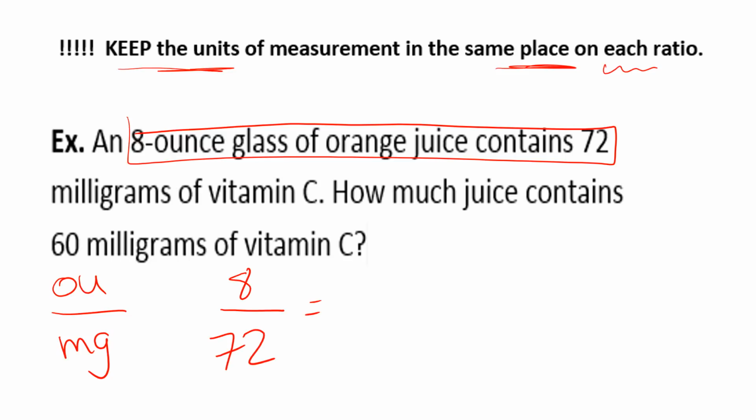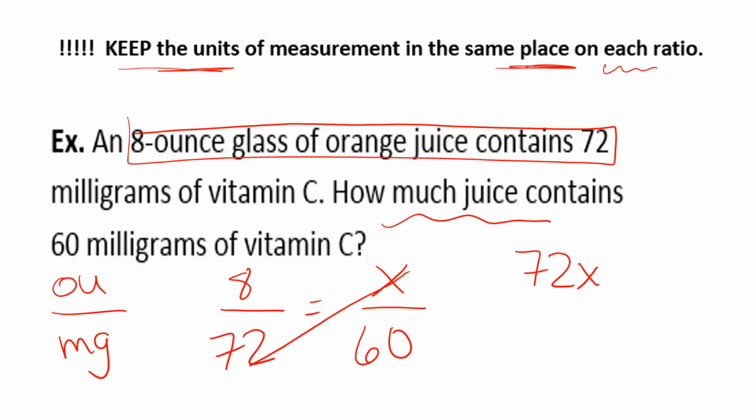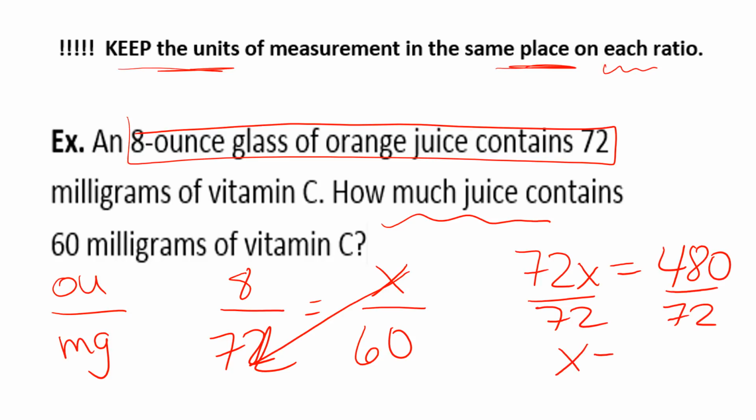Our second ratio is how much juice, how many ounces, we do not know, over 60 milligrams of vitamin C. When we cross multiply, we get 72x equals 480. We will divide by 72 on both sides, therefore x equals 6 2/3 ounces.